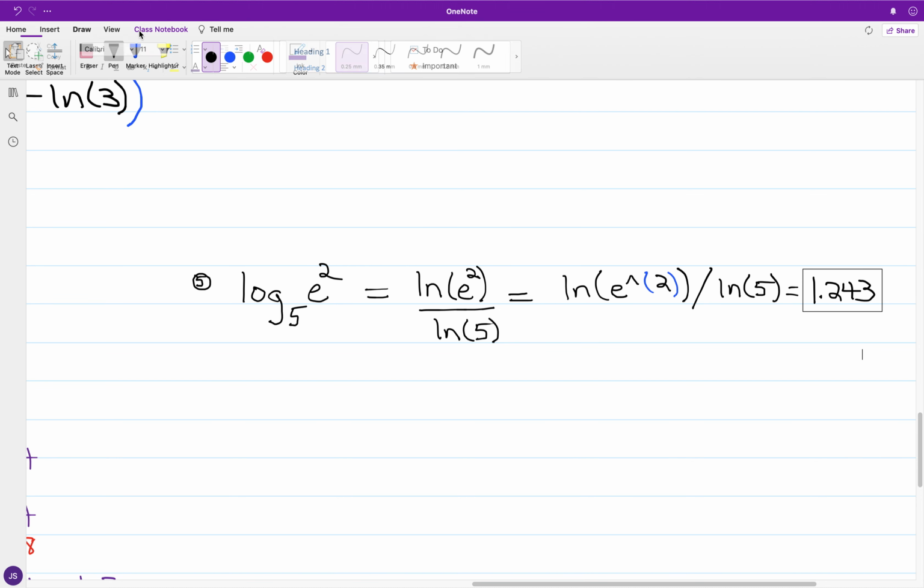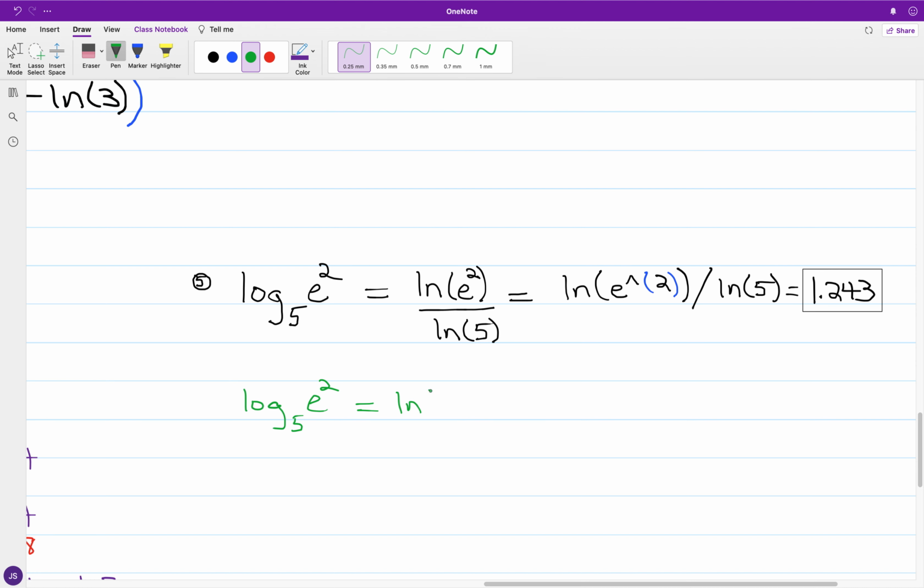I just wanted to mention something in case this might have appeared before you. We had the base 5 logarithm of e squared. Notice we had the natural logarithm of e squared over the natural logarithm of 5. One might say, well, isn't the natural logarithm a base e logarithm? And the answer to that question is yes.